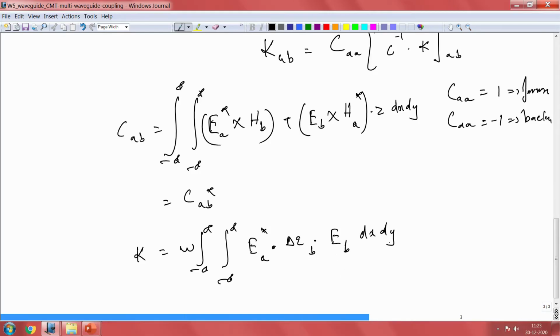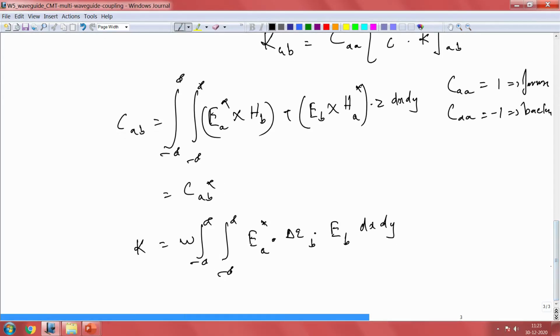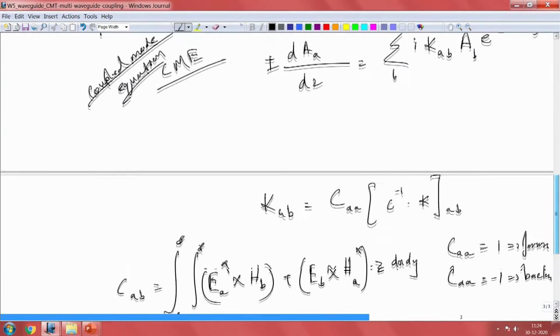So, the coefficient C_AB just represents the overlap coefficient of these two different fields. The field overlap is captured by this C_AB, for the mode fields of the individual waveguides, the A and B waveguides that we had here.